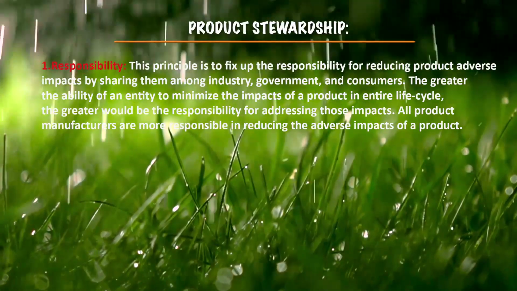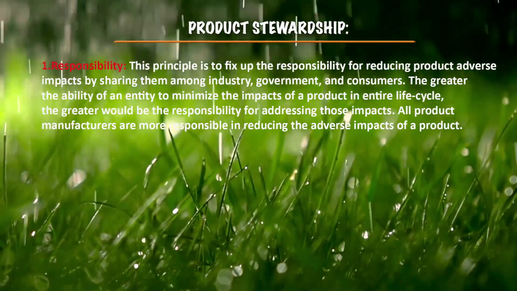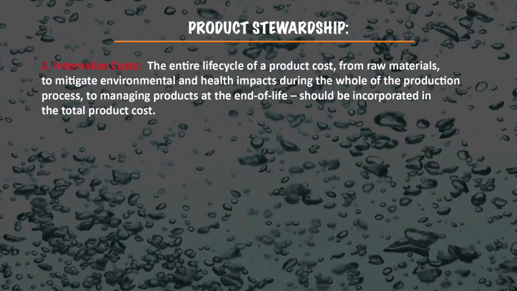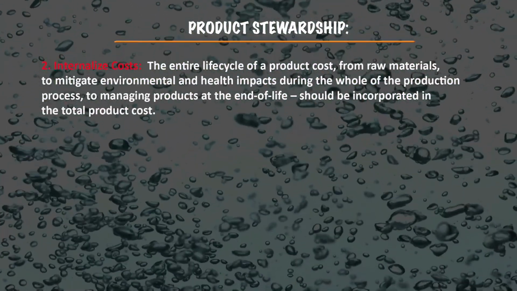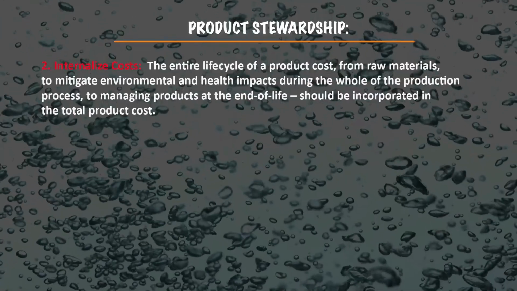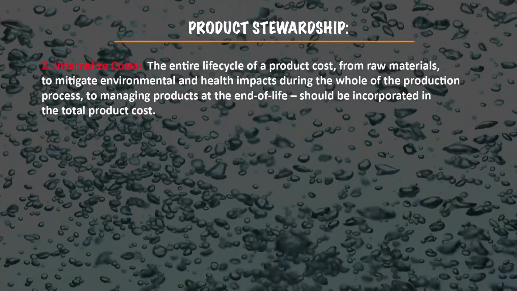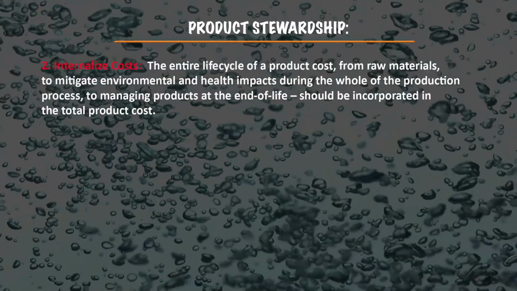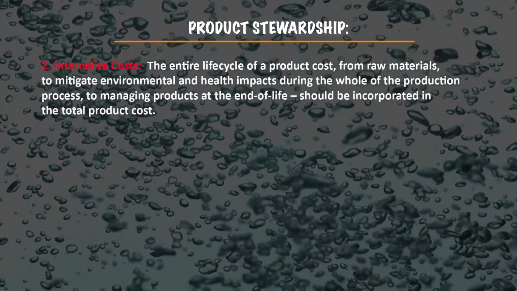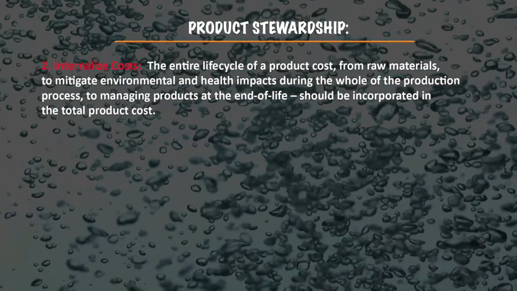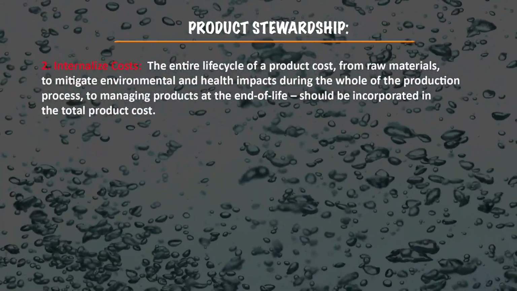All product manufacturers are more responsible in reducing the adverse impacts of a particular product and also internalize the cost. That means the entire life cycle cost of a product, from raw material procurement, to mitigating environmental and health impacts during the production process, to managing products at the end of life, should be incorporated in the total product cost.